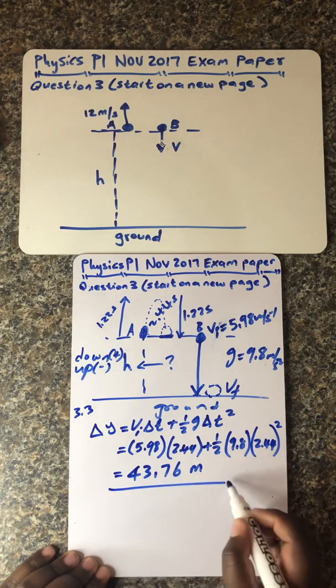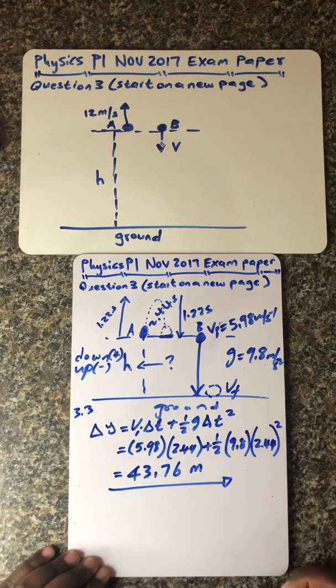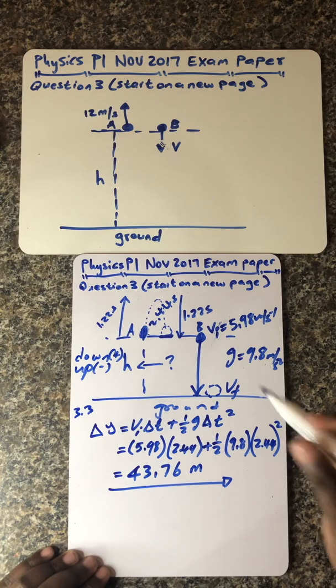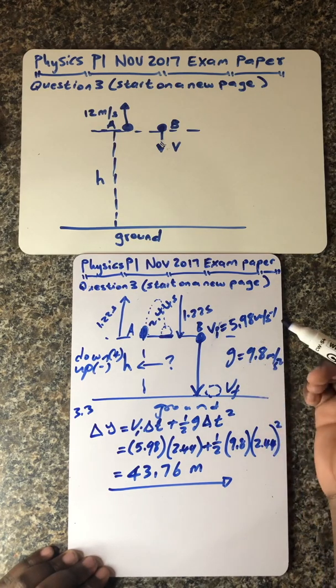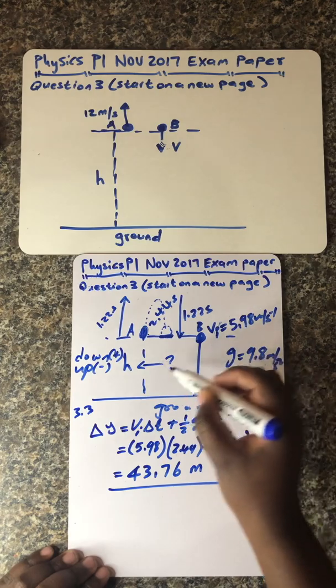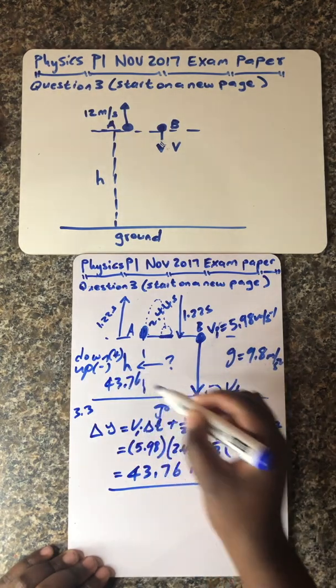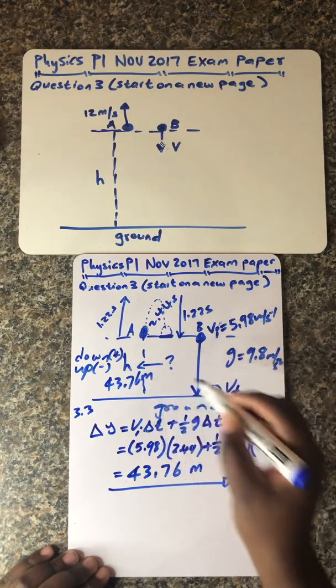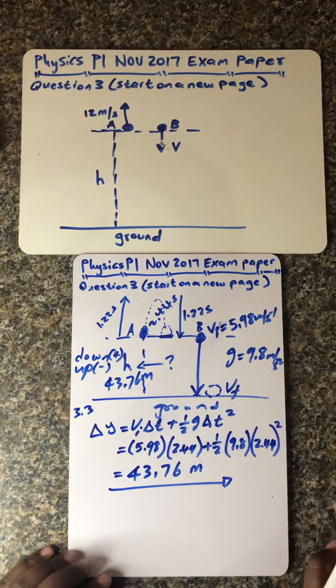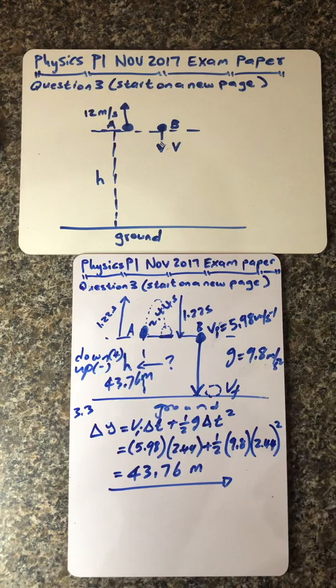Okay, so this is how you calculate that height, which you can just write there as 43.76. Obviously we know height is measured in meters. So this is basically how you solve for that question, guys.